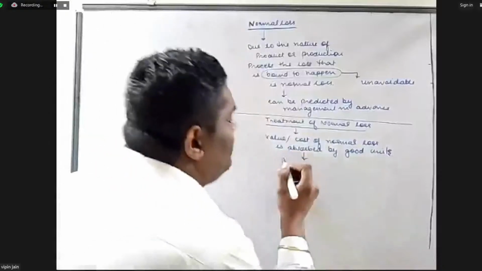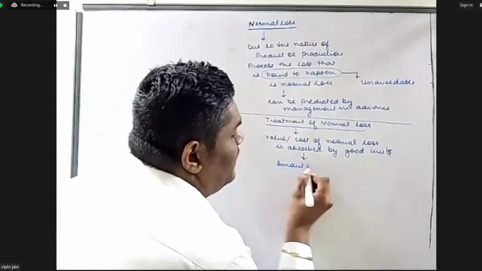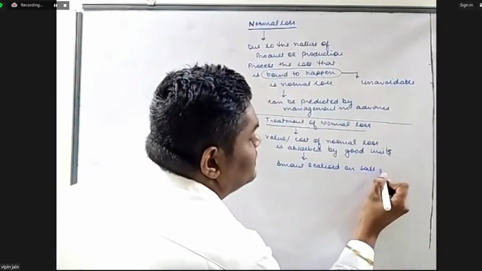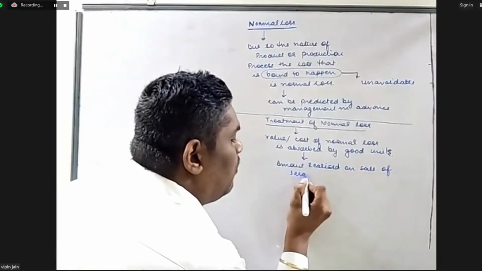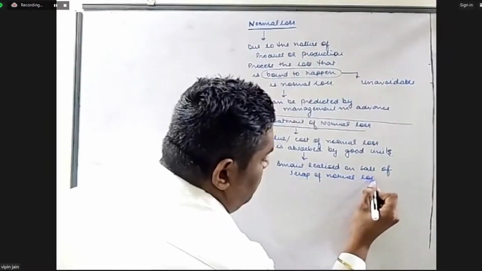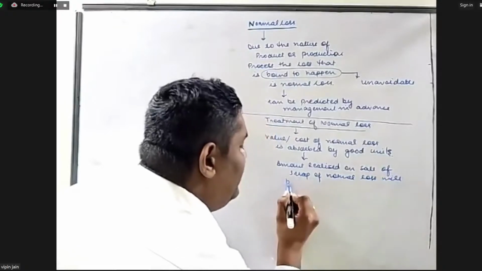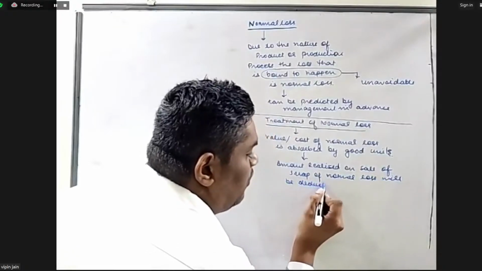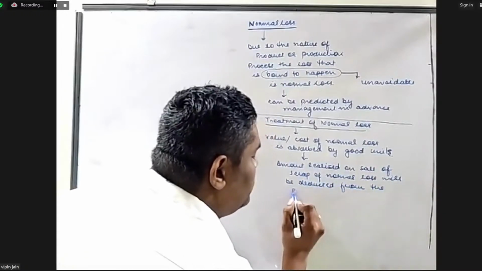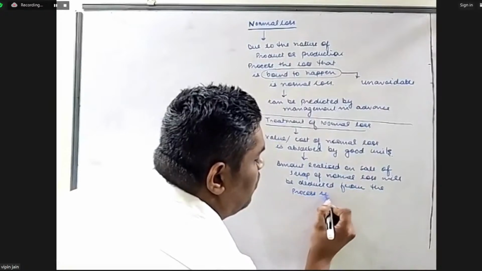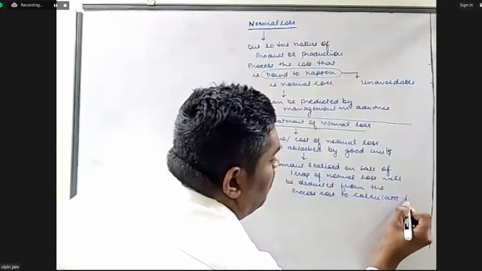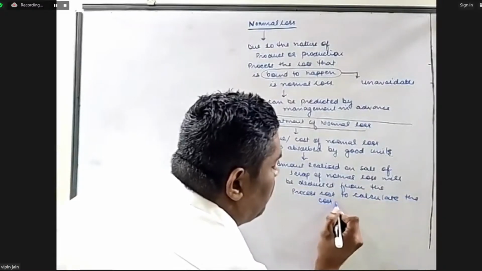So the amount realized on sale of scrap of normal loss will be deducted from the process cost to calculate the cost of product.